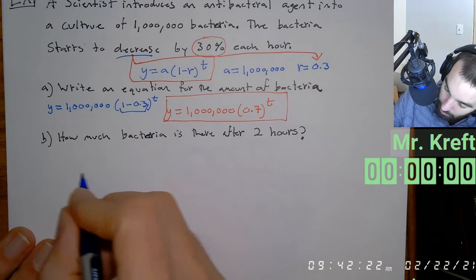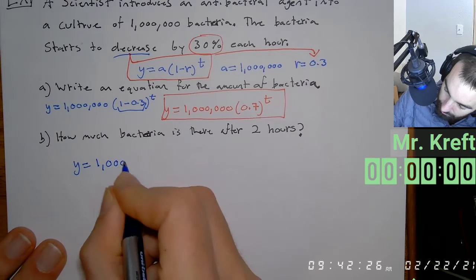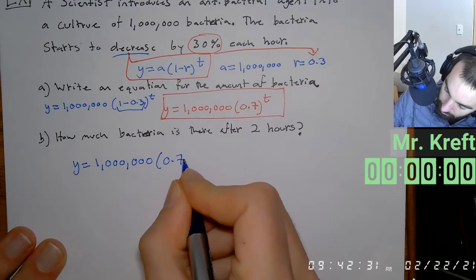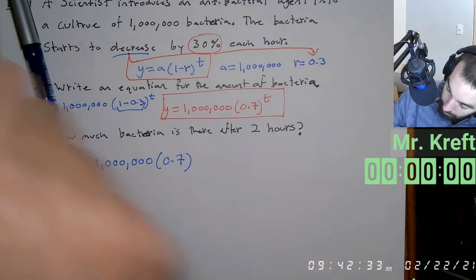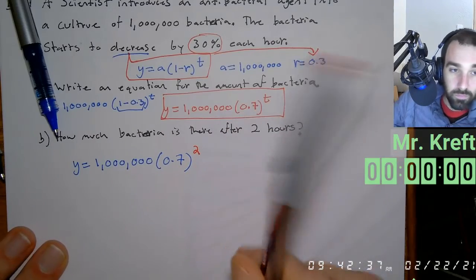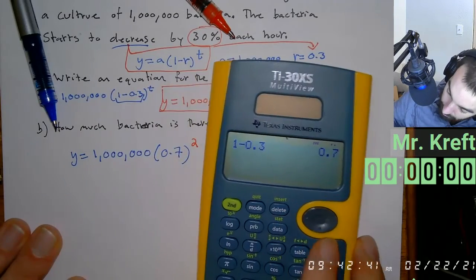So how much bacteria is in there after 2 hours? I'm going to go y equals 1 million times 0.7, and it says 2 hours, so I'm going to replace this t up here with 2. I'm going to plug this into my calculator.